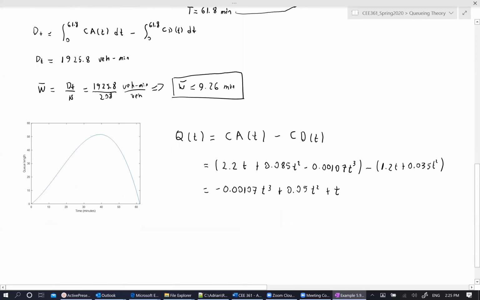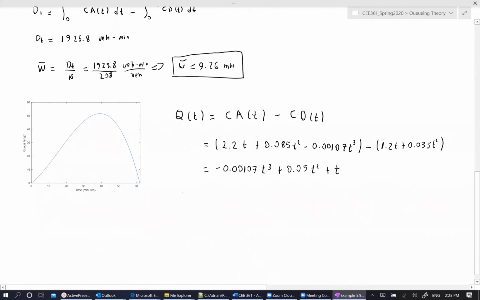So that's our length of queue as a function of time. Almost always we're going to have a continuous function. What we may not have is a function that has continuous slope, the derivative of the function. But in this case, we have a continuous function and it has continuous derivatives. The derivative of Q with respect to time is a very easy, quadratic function: minus 0.00321 t squared plus 0.1 t plus 1.